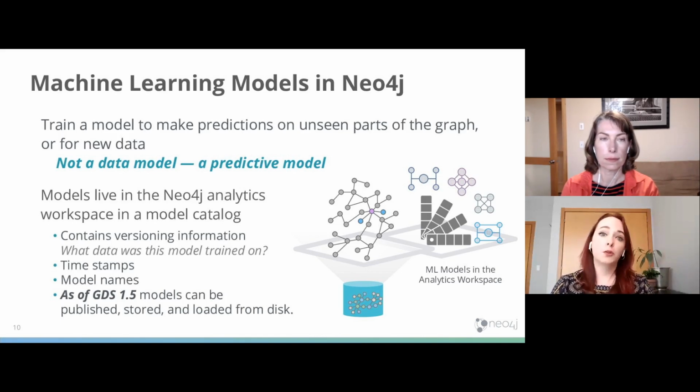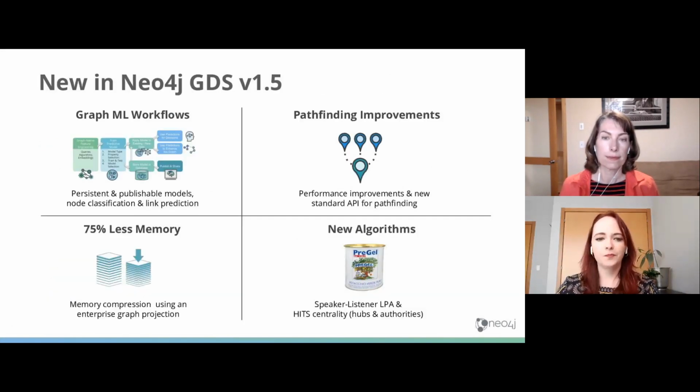You can manage multiple models. And as of 1.5, some of your models can be published, stored, and loaded from disk. So if you've spent 6 hours training a GraphSage model, you want to use that down the line, you can persist that model to disk, load it up, and it'll be available even if your database restarts. So we're pretty excited about this new feature.